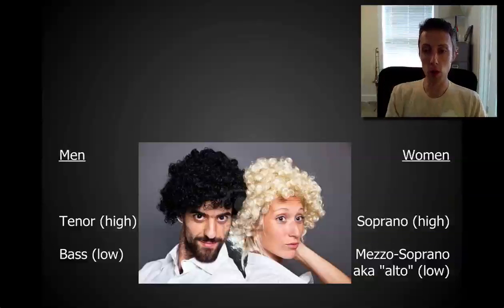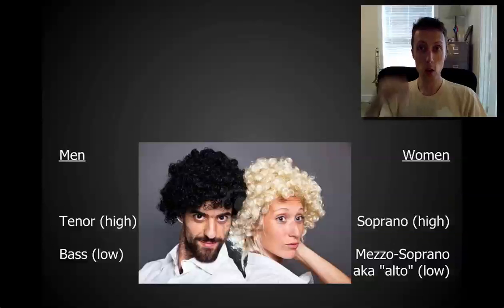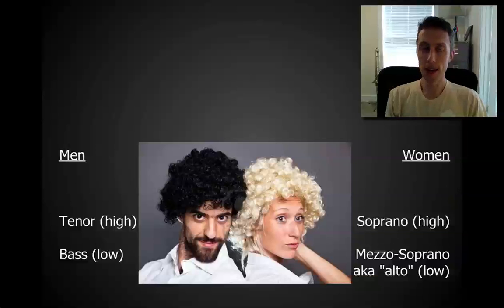She's a super high voice. Or a mezzo-soprano, which is also known as alto. So if you're a woman with a really high voice, you're a soprano. If you're a woman with a lower voice, you're a mezzo-soprano. If you're a man with a high voice, you're a tenor. And if you're a man with a low voice, you're a bass. So no matter what style of music you sing, you're one of those four voice types.